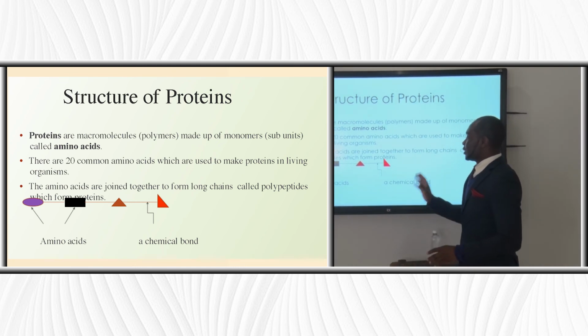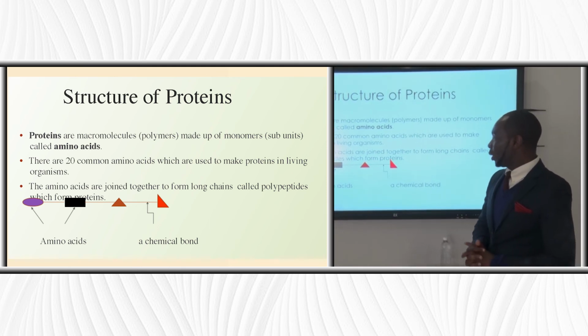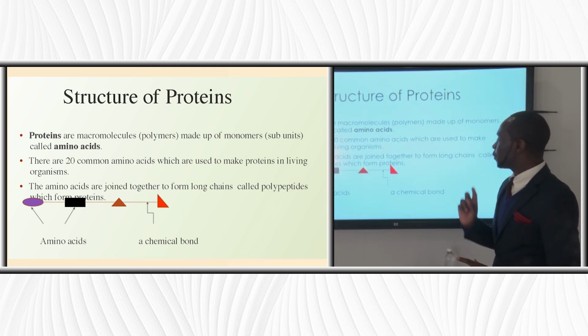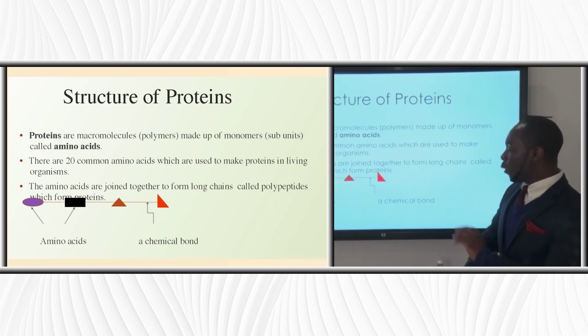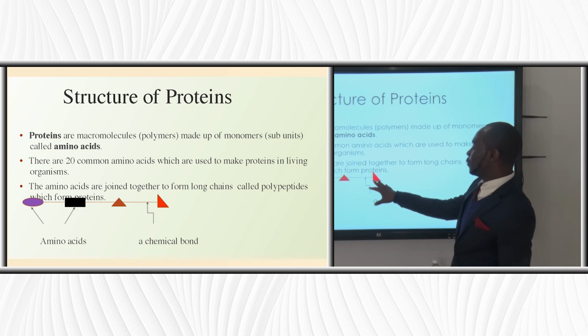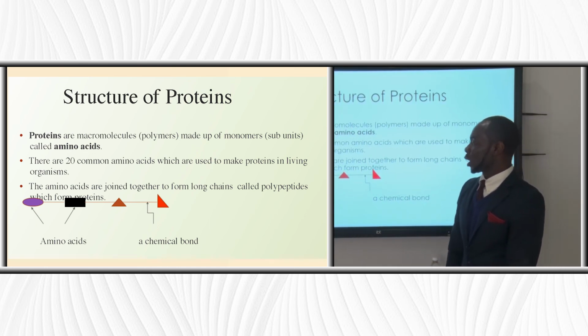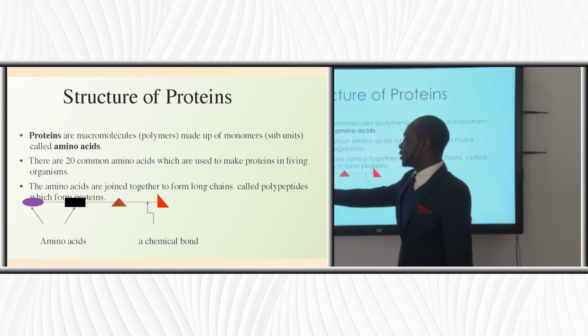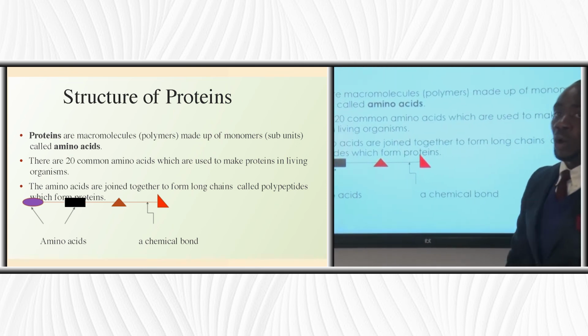The amino acids are joined together to form a long chain called a polypeptide, which forms proteins. This polypeptide chain will form 2 different shapes which will give us proteins. Let's look at the diagram. We have different amino acids which are joined together by a chemical bond.